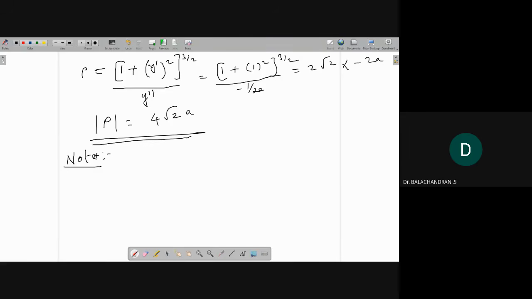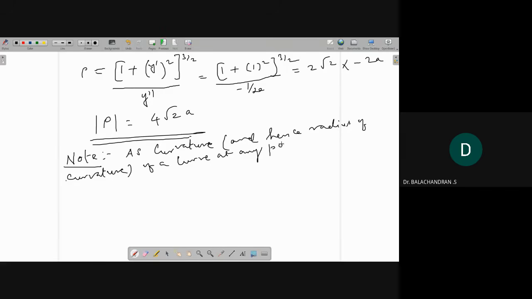Curvature and hence radius of curvature of a curve at any point is independent of the choice of the x-axis and y-axis.